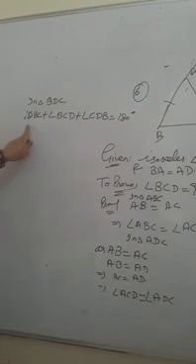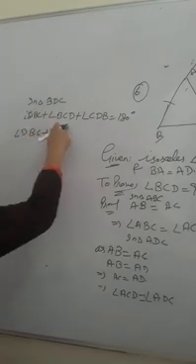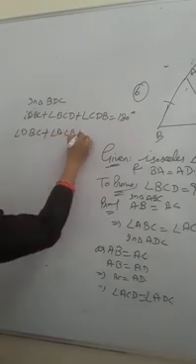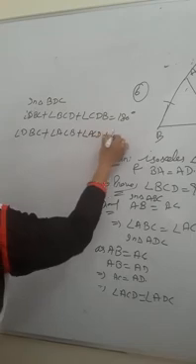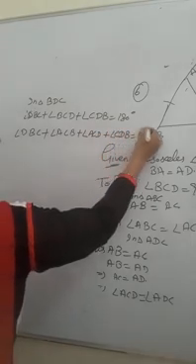Now angle DBC plus BCD can be written as angle ACB plus angle ACD plus angle CDB is equal to 180.